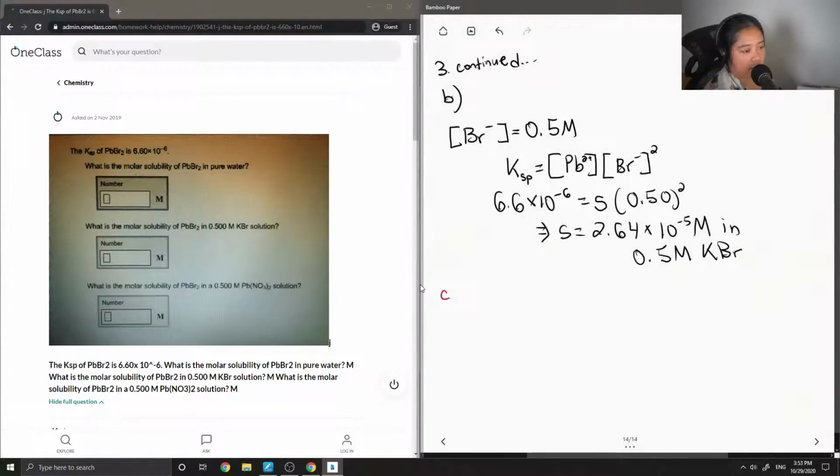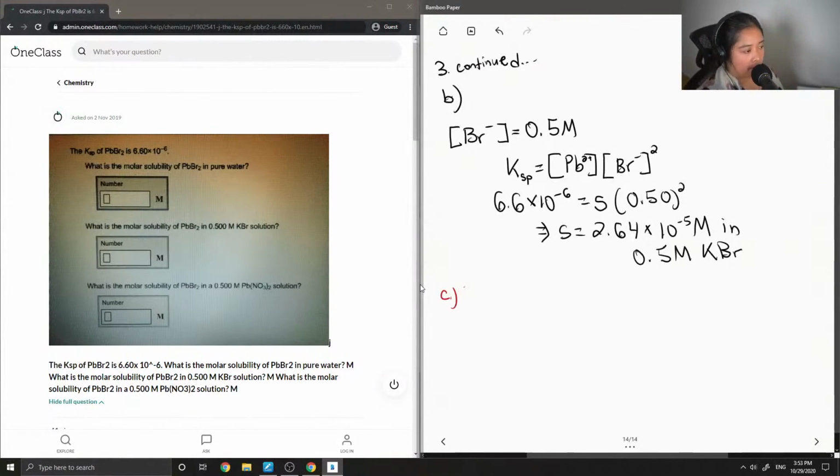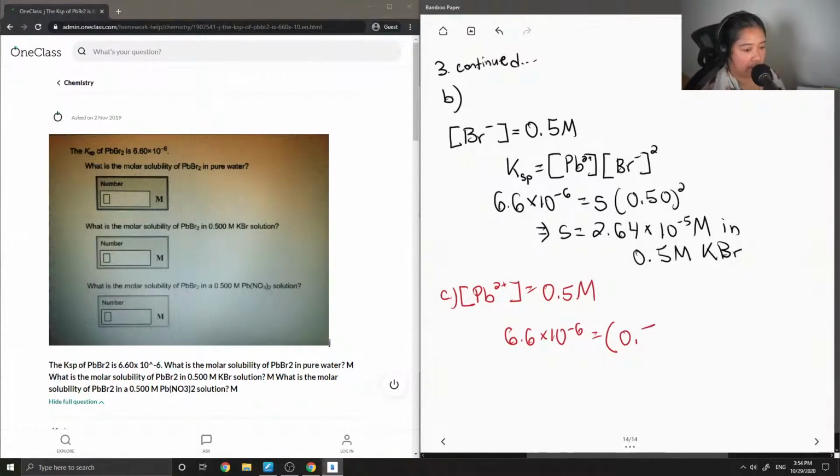Okay, so we can do something similar for the last part of the question. They have 0.5 molar of this lead nitrate solution. So again, I can write my solubility of lead equal to 0.5 molar. I can then do the same thing I did up there and sub in 6.6 times 10 to the negative 6 for my Ksp value. And then I'm going to plug in the 0.5.